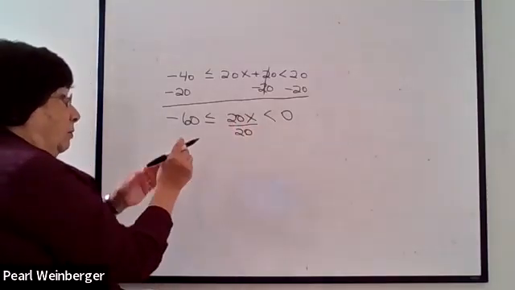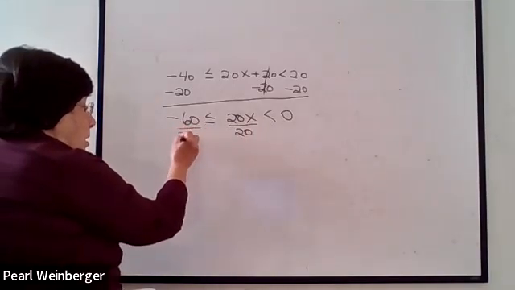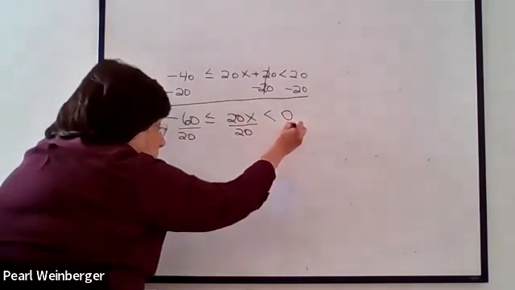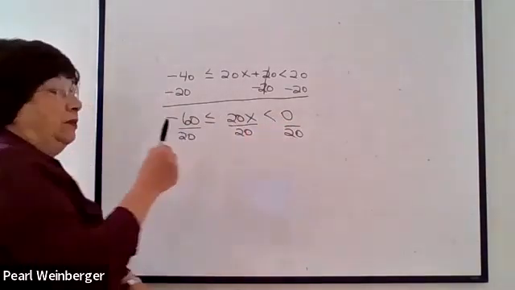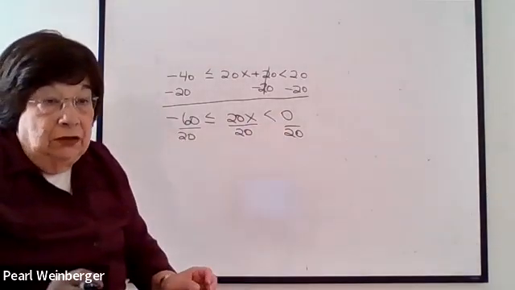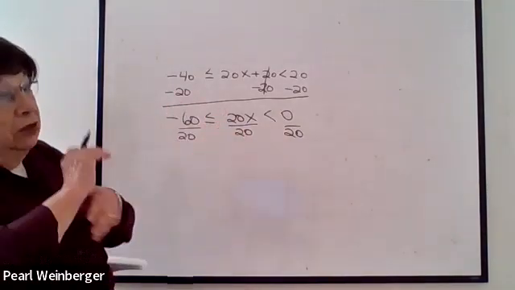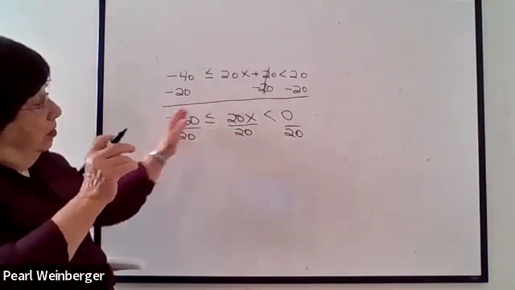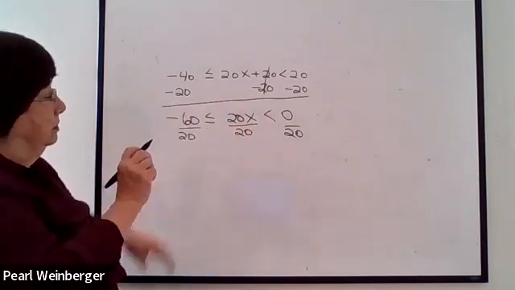Now, whatever we do in the middle, we have to do at either end. And again, since we're dividing by a positive number, we're leaving the direction of the inequalities the same. If this had been a negative number, we would have had to switch the directions of both inequalities, but now these are the same.